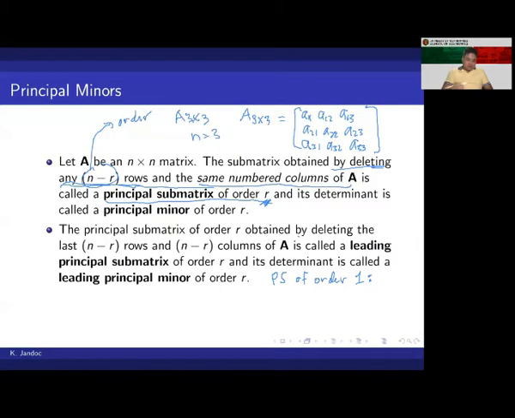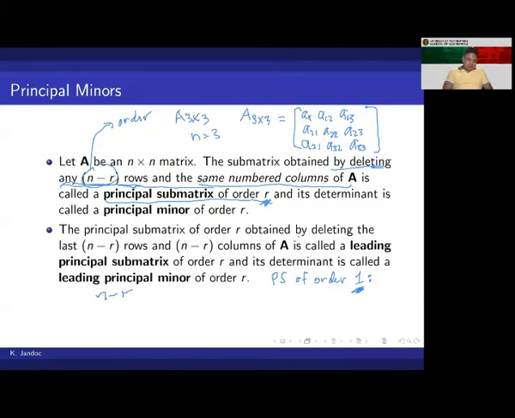Okay, so what is n minus r in this case? n is the order, it's 3. The principal submatrices that we're looking for are of order 1.